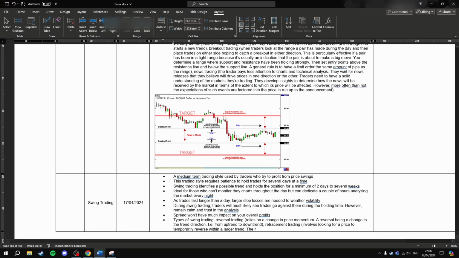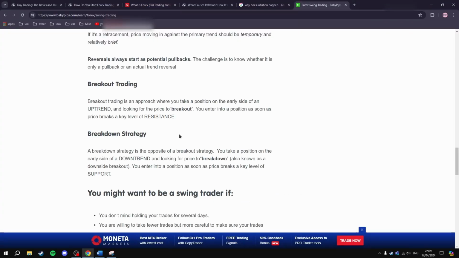If it's a retracement, price moving against the primary trend should be temporary and relatively brief. Reversals always start as potential pullbacks or retracements.